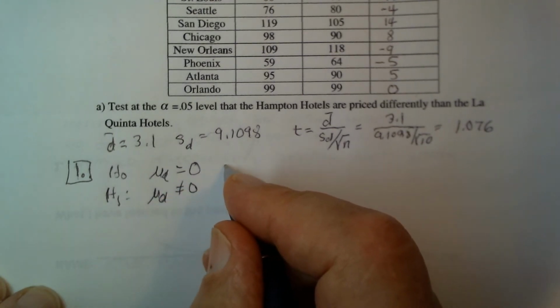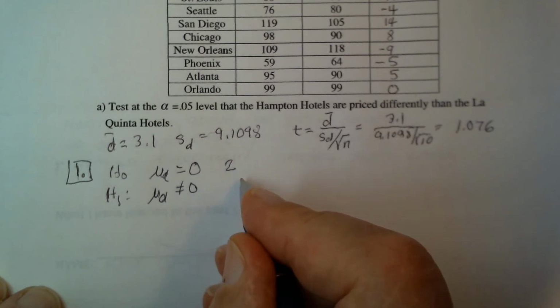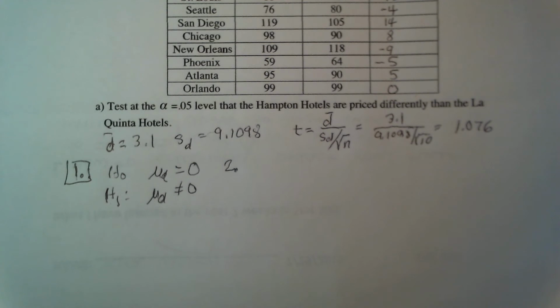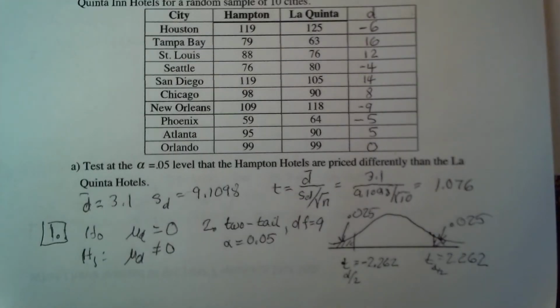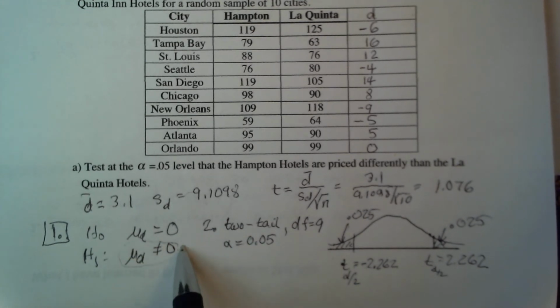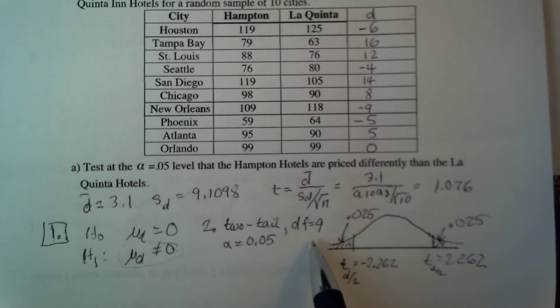And let's graph our distribution and region of rejection and find our critical value. So we graph our t-distribution with two tails based on the alternative hypothesis. Degrees of freedom equal 10 minus 1 equals 9, and alpha is 0.05, so alpha divided by 2 is 0.025.